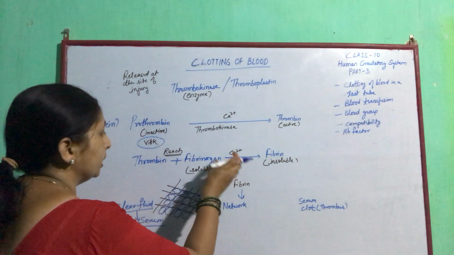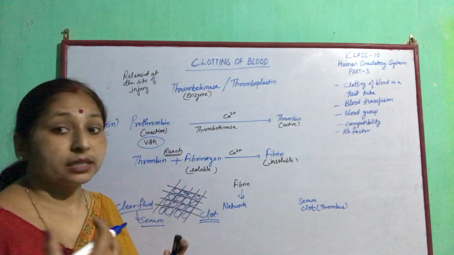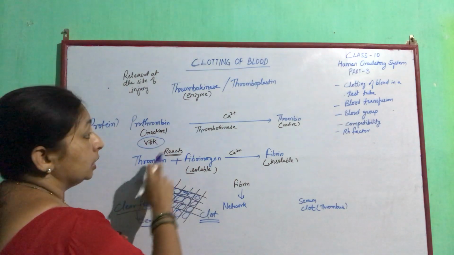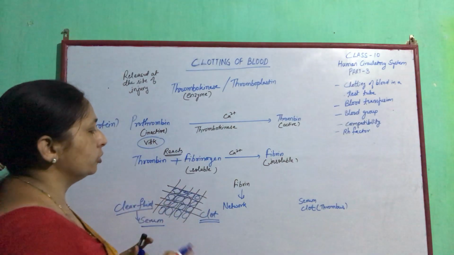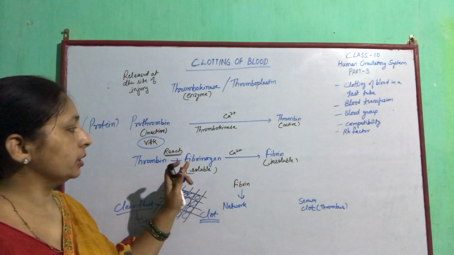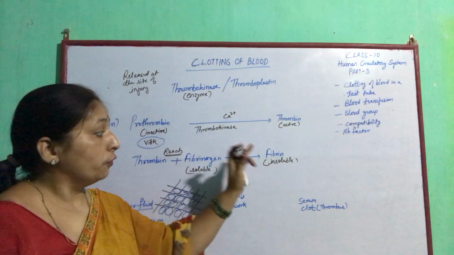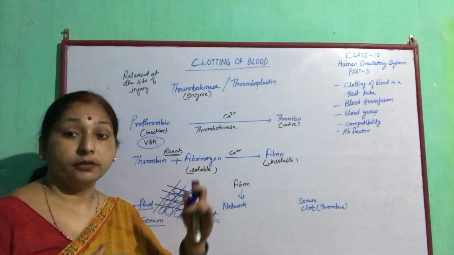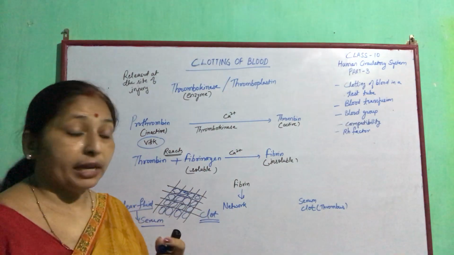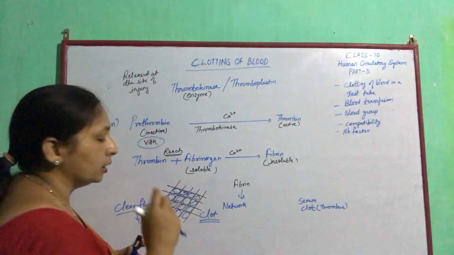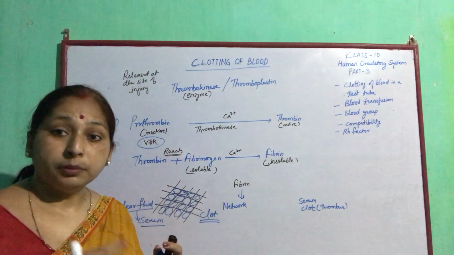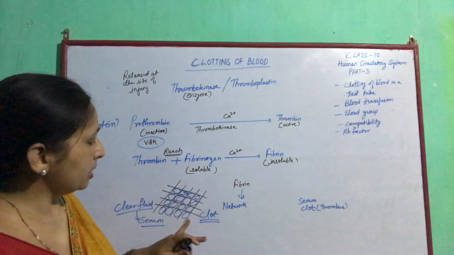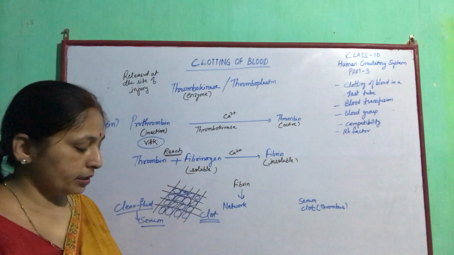So fibrinogen and thrombin are the proteins. Thrombin reacts with fibrinogen in the presence of calcium ions to form fibrin. Fibrinogen is soluble, fibrin is insoluble, and it forms a network, a mesh. In the mesh, the blood corpuscles get trapped, and the clear fluid or plasma comes out as serum. So the red mass is the clot and the clear fluid is the serum.